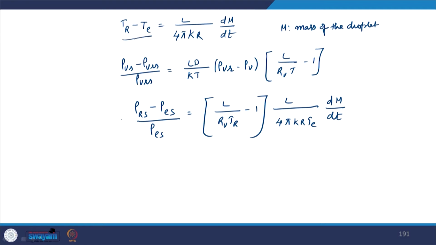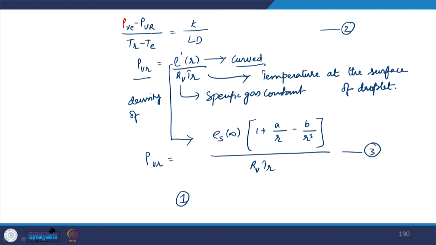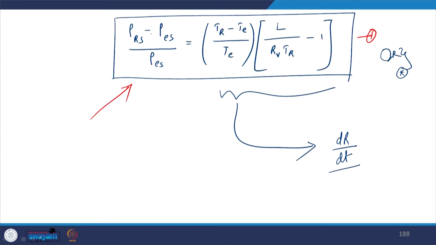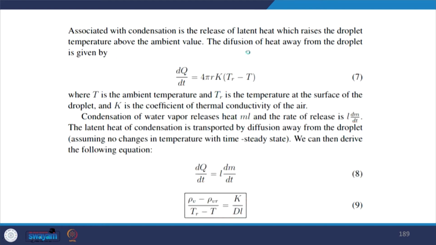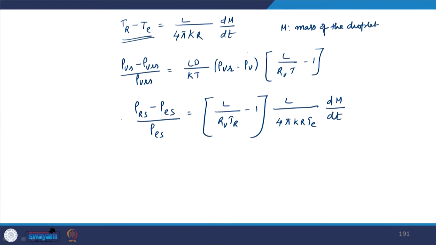So, this is T_r − T_e that we have used in this expression, right. T_e still remains the same, right.